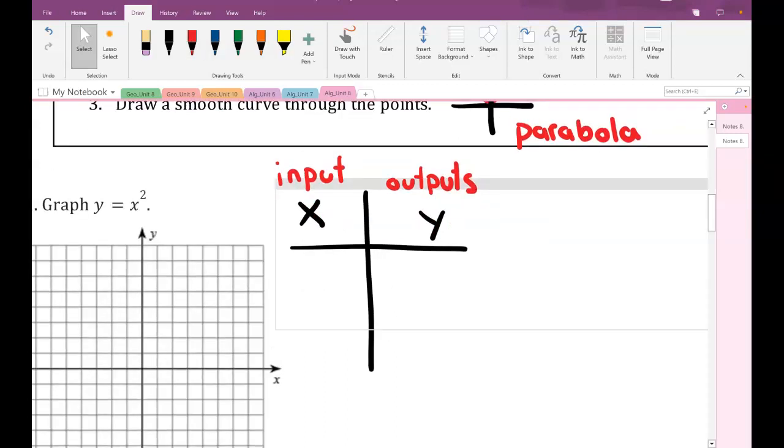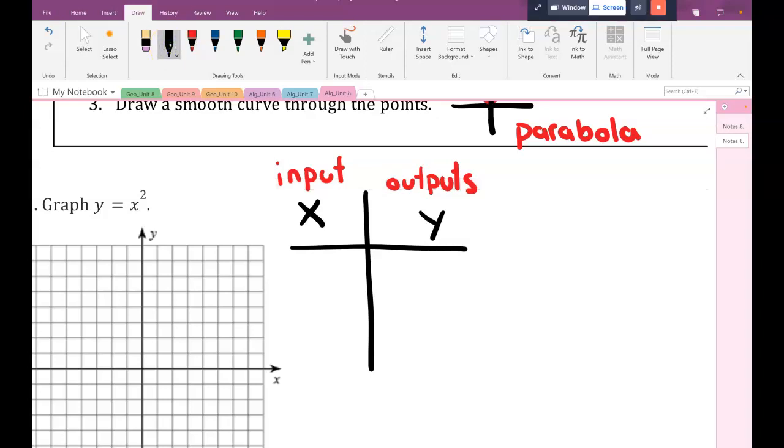So for today, on the notes and the homework, I want you to always use -2, -1, 0, 1, 2. That's always going to be your inputs. And you are going to use those to get your outputs by plugging them into your equation.